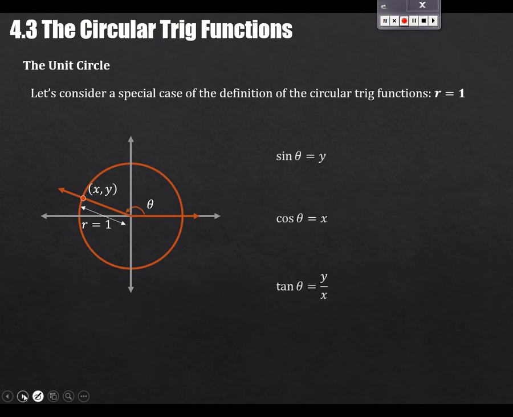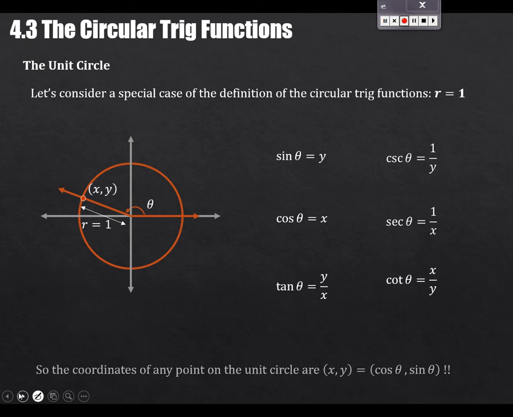It's just y. And all of those trig functions become a little bit simpler if we assume that r is 1. Because we can make r anything we want, right? So maybe we make it 1. So maybe you've thought about the unit circle. And that makes the coordinates of any point on the unit circle cosine, comma, sine. Right?